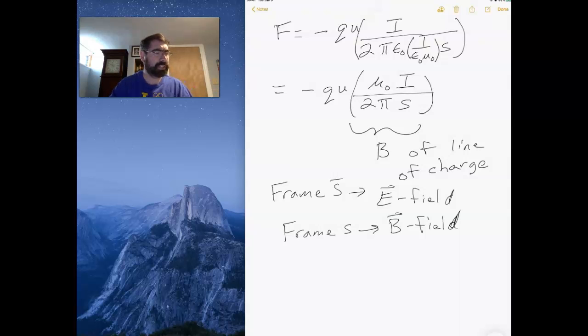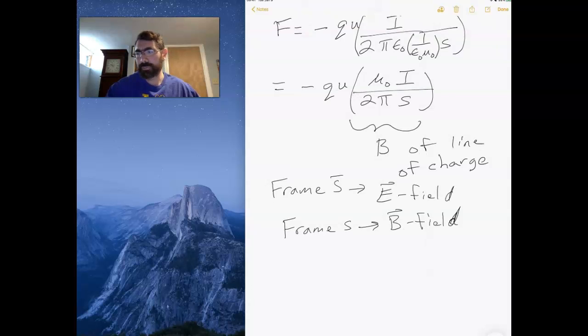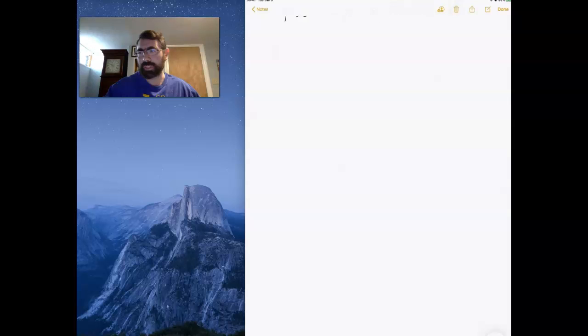What we want to do now is move beyond just doing examples and come up with a general formula for this. So let's take a look at one more example of how this is going to modify things, something like parallel plates.